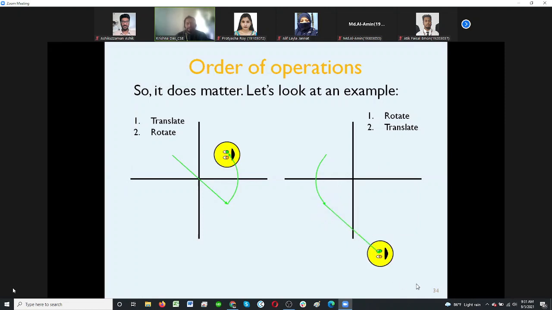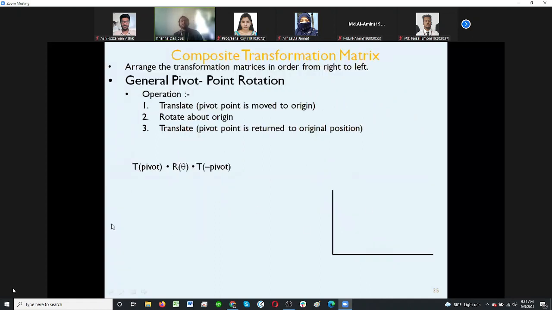Now you see the positions of the two objects are different in space. So we can understand this order cannot be changed. If it is changed, we will not get the same value. After applying the same values of this function, you will find yourself in a different position in space. That's why this order is important.